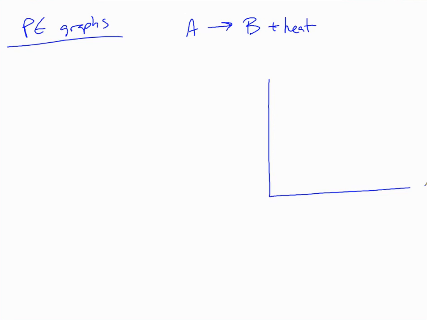Here's the basic graph you have off to the side. So let's think about what happens. We have a reactant, and as it reacts, it's creating product and heat. Heat is being released. Remember the word from Chem 1, this type of reaction, basically.